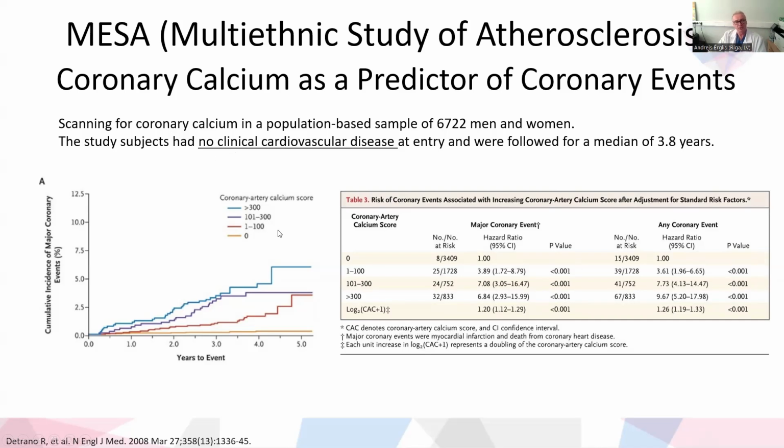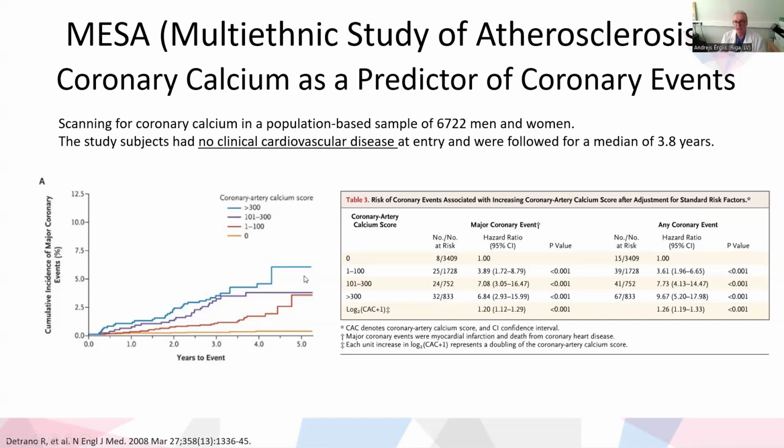If the calcium score is more than 300, the cumulative incidence of major coronary events, or MACE rate, is much higher, statistically significantly, than if you have 1 to 100 or 100 to 300. This is one of the first signals which show you some cut points.